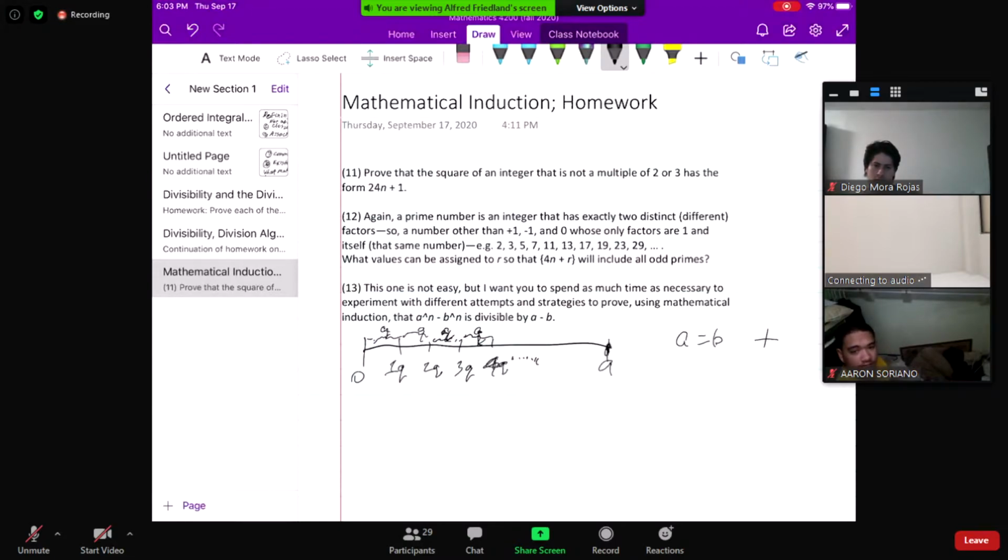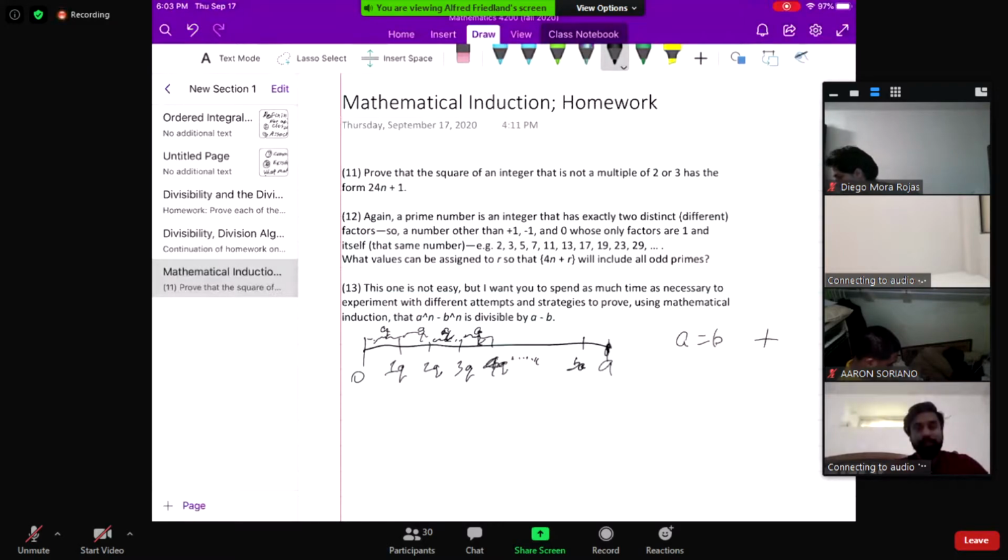But if not, so we keep on going, and eventually we're going to get to, say, b of these q's, where we get to a point as close to a as possible, but not exceeding it with multiples of q. So after we get b of q, and of means multiple, means times.